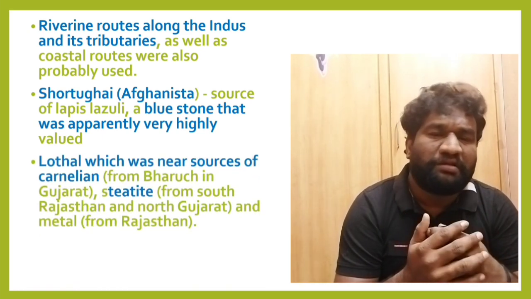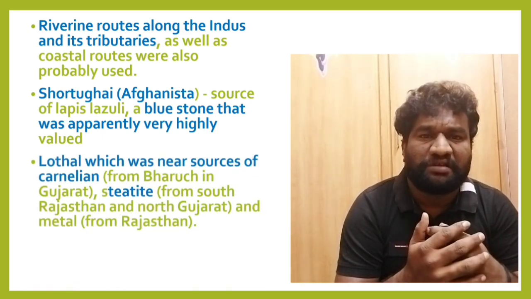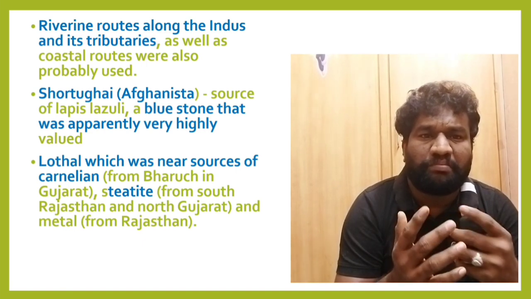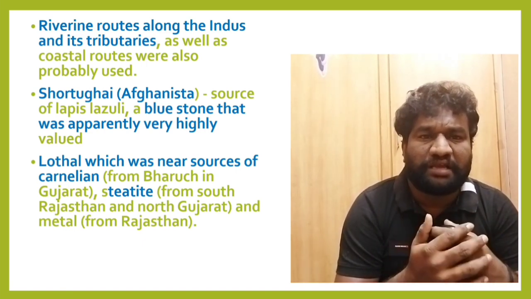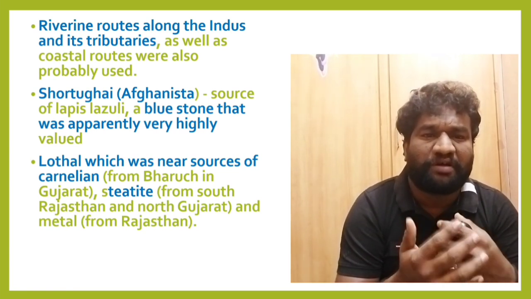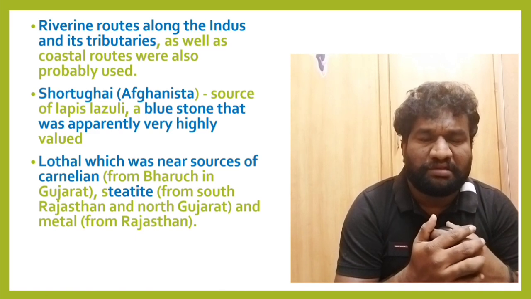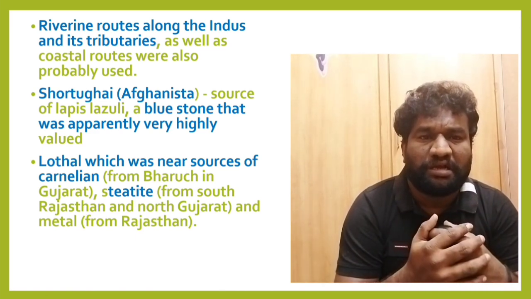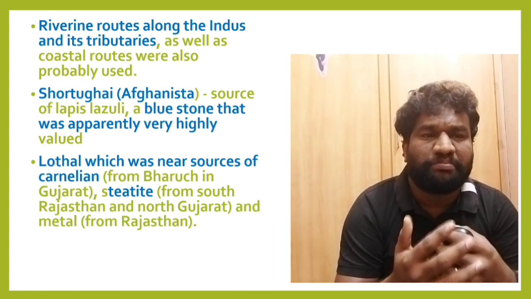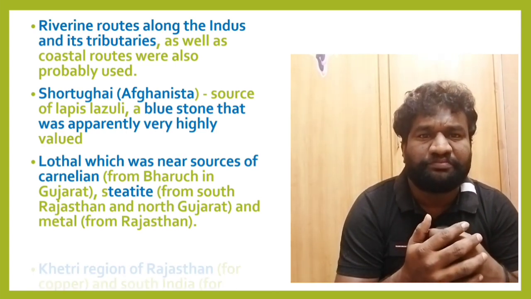Lothal was near the source of carnelian from Bharuch in Gujarat, steatite from South Rajasthan and North Gujarat, and metal from Rajasthan. These are the major sources of resources for the Harappa people to make craft production.